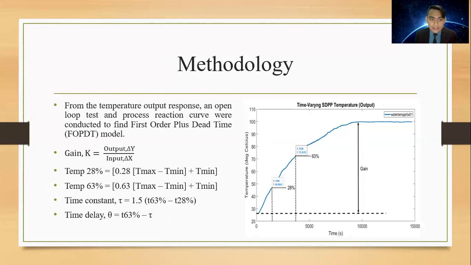To find the gain, gain is equal to output divided by input. Output is equal to the highest temperature minus the lowest temperature, while the input is equal to the highest value of input minus the lowest value of input.